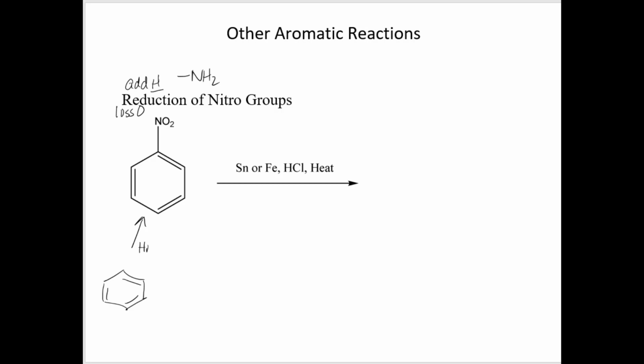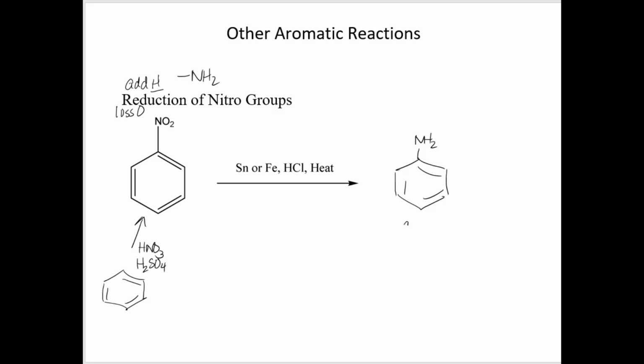We react the benzene with nitric acid and sulfuric acid, and that will put the nitro group on the ring. Now, to reduce that, we use either tin or iron, HCl, and heat. This combination of reagents reduces the NO2 group to an NH2 group and forms the amine.